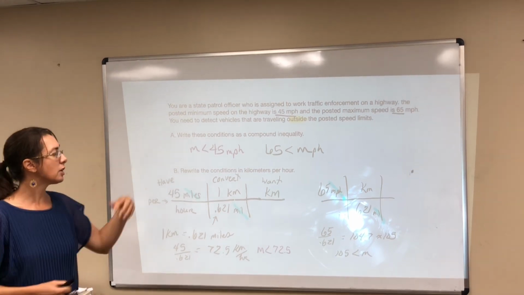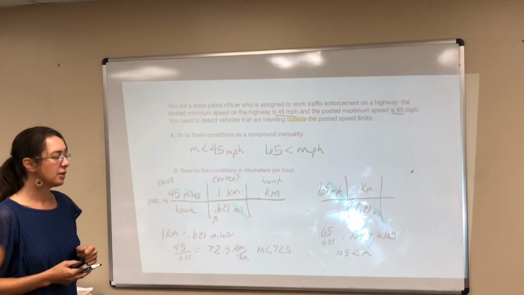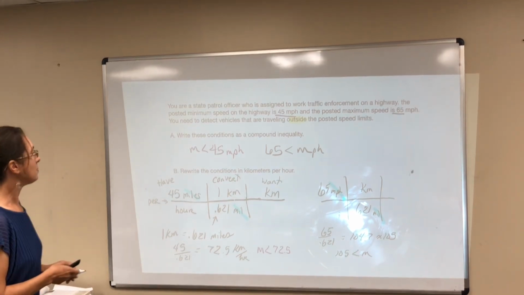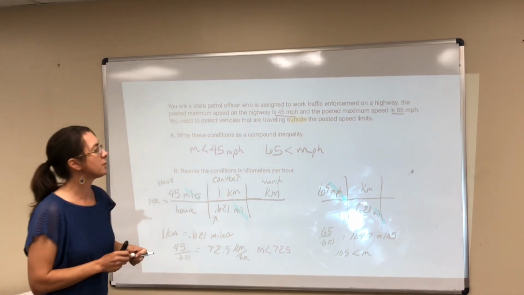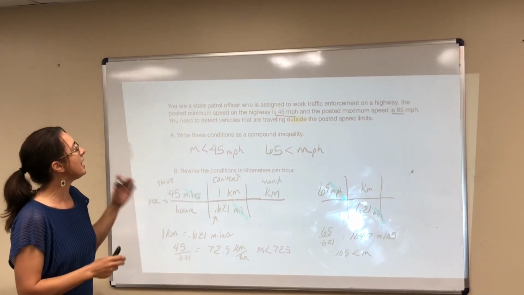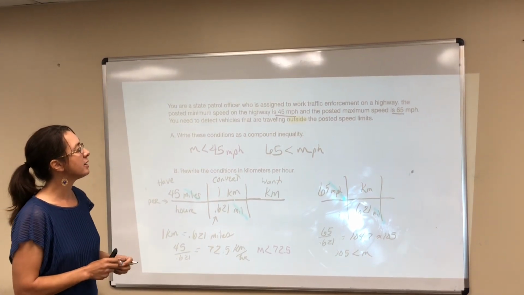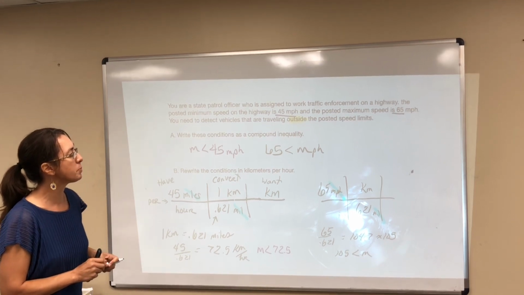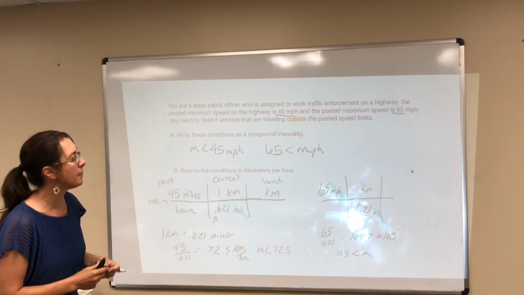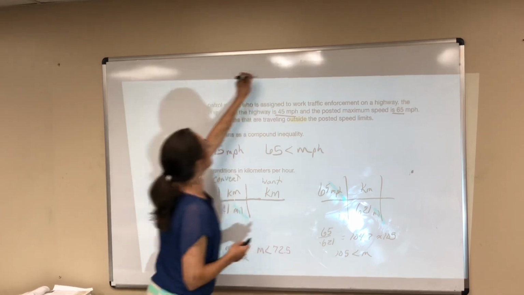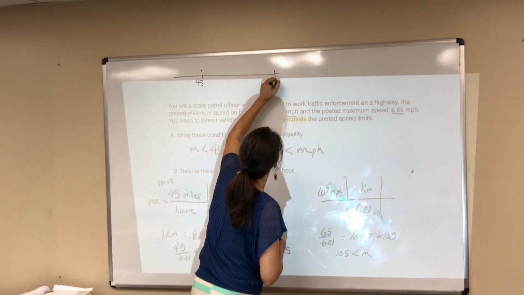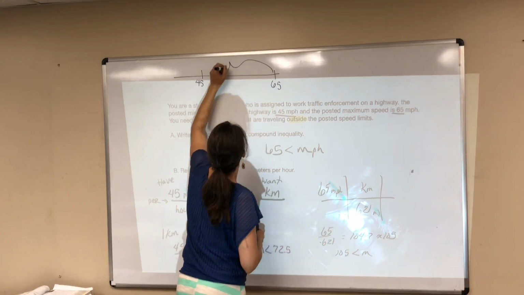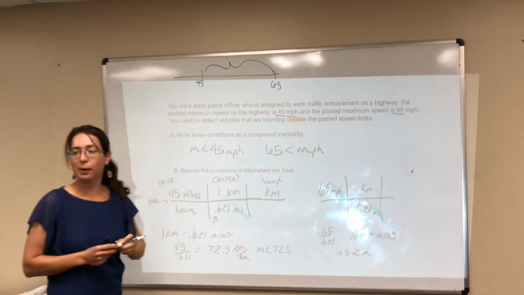Okay, so now we're going to combine a word problem and an inequality. You are a state patrol officer who is assigned to work traffic enforcement on a highway. The posted minimum speed is 45 miles per hour and the maximum is 65 miles per hour. So if I have a number line and I have 45 and 65, you are allowed to drive within that space.